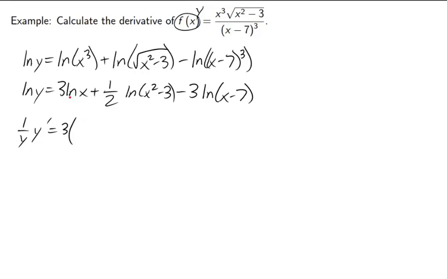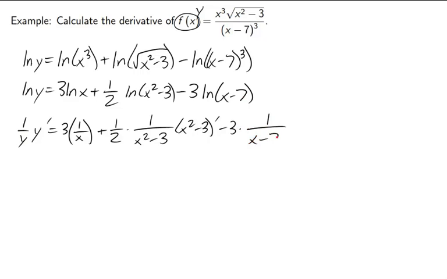3 times the derivative of natural log of x is 1 over x, plus 1/2. The derivative of natural log of u is 1 over u times the derivative of u, minus 3. Then the derivative of natural log of u is again 1 over u times the derivative of u.